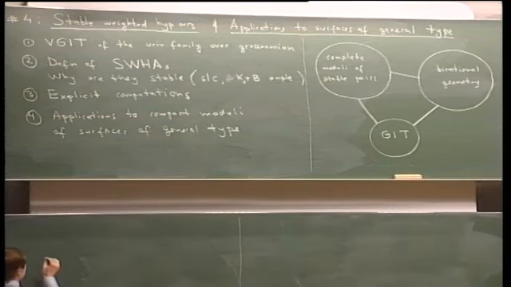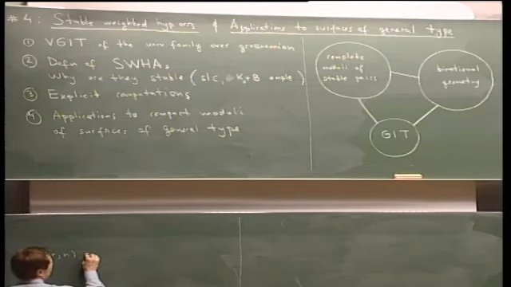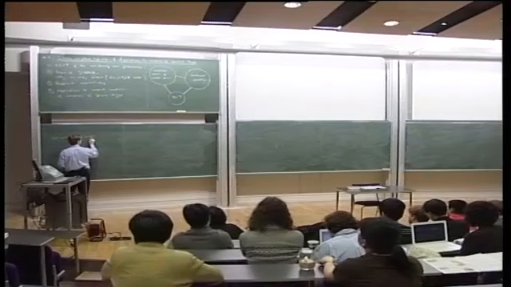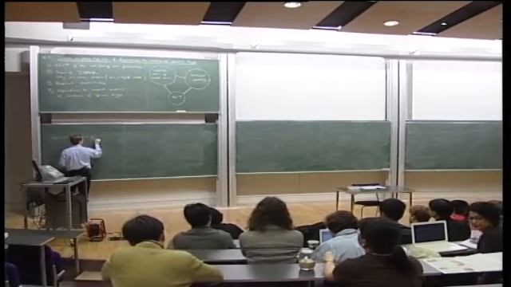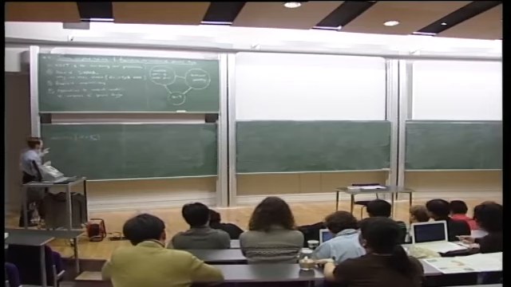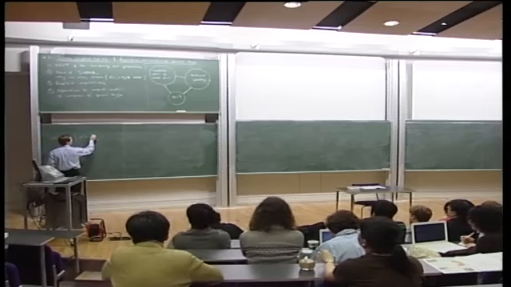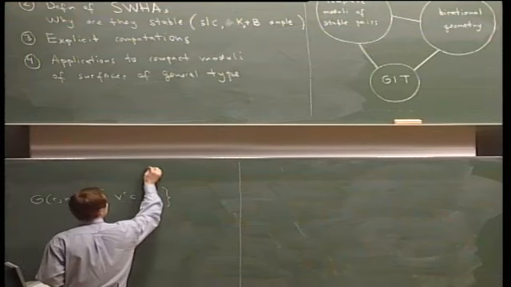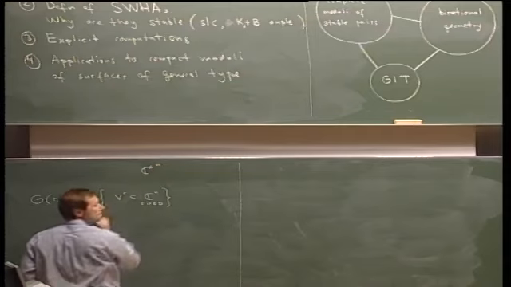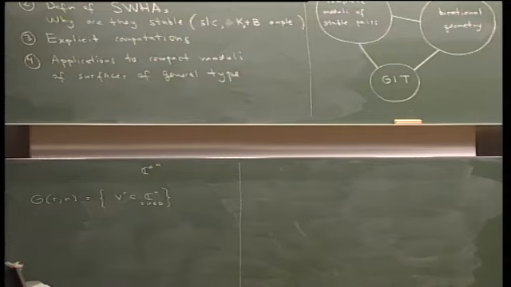So a Grassmannian G(r,n) will be the Grassmannian of r-dimensional subspaces in a fixed n-dimensional space. On this n-dimensional space, we have a natural action of (C*)^n.